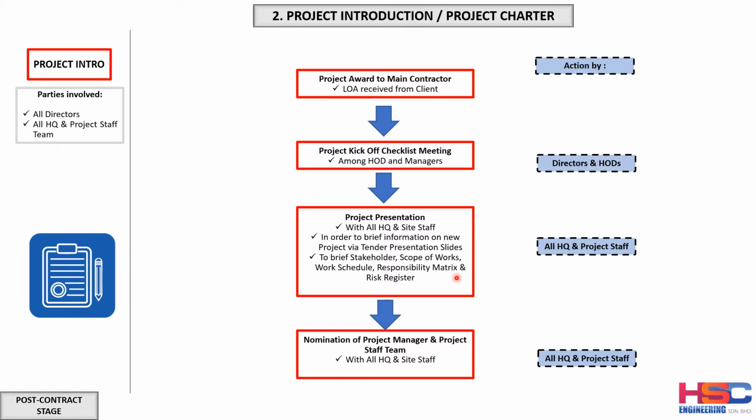In an organization, you have project staff and you will have a functional matrix where the functional departments at HQ, sometimes departments like the contract department and the procurement department, will be involved in the project to support the project staff.